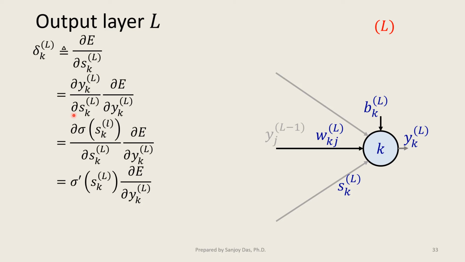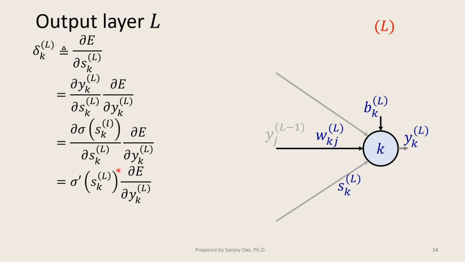And delta, by definition, is partial E over partial sk. Again, applying the chain rule, I get two factors here. And this partial y over partial sk, since y is nothing but sigma of sk, is nothing but sigma prime of sk, the derivative of the sigmoidal function, sigma prime sk times partial E over partial y.